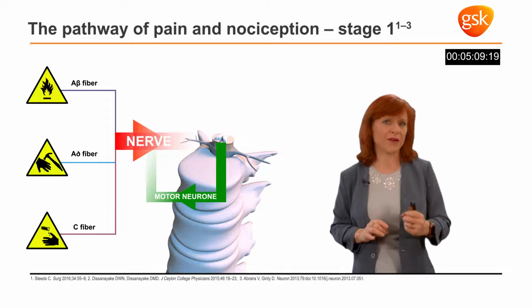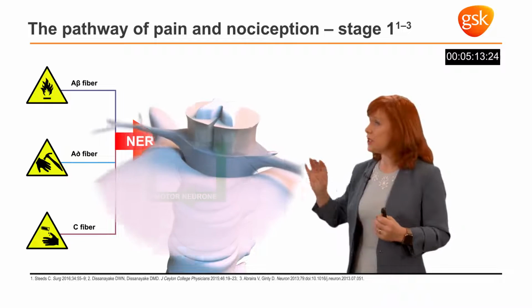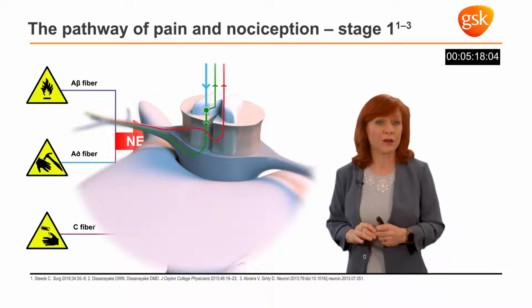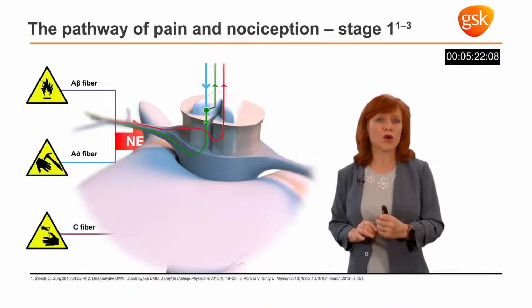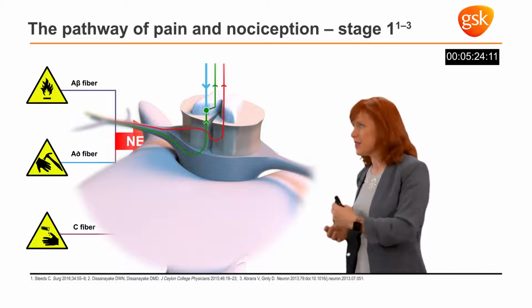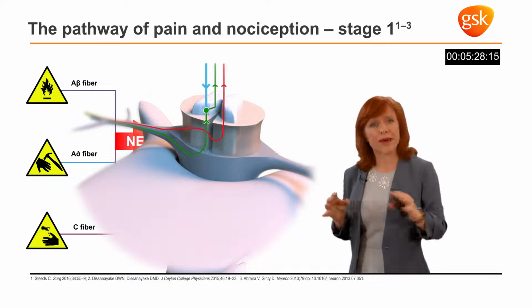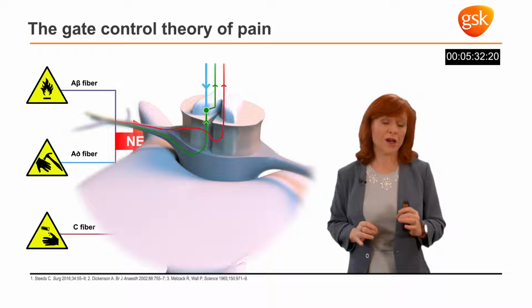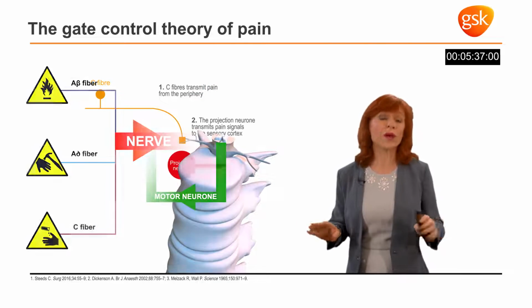So these afferent fibers have cell bodies in the dorsal root ganglia, and they terminate in the dorsal horn of the spinal cord. A beta fibers are non-noxious, large sensory afferents from the skin. And each of these plays a part in the story, not only of acute but also of chronic pain, which has a pathophysiology all of its own.